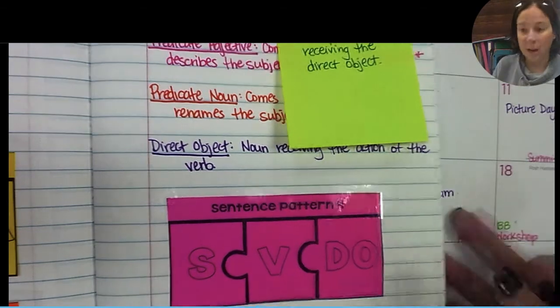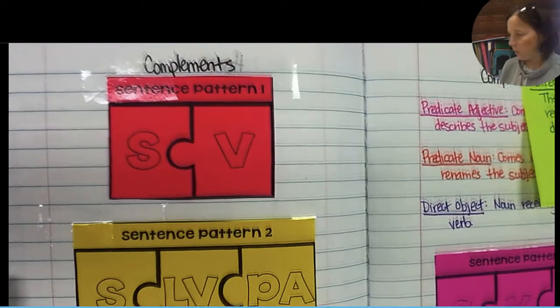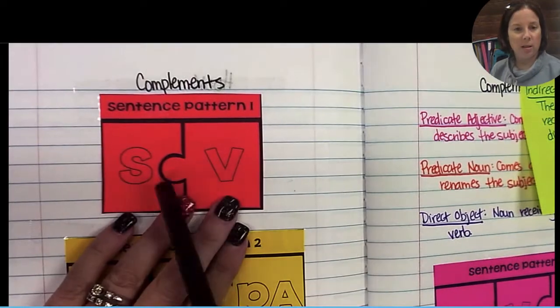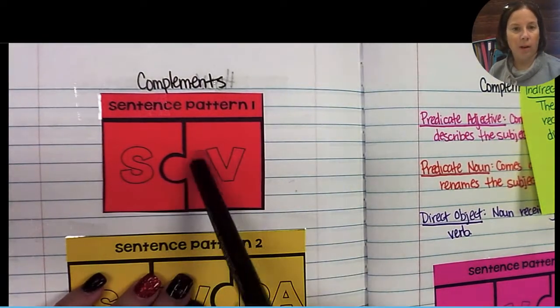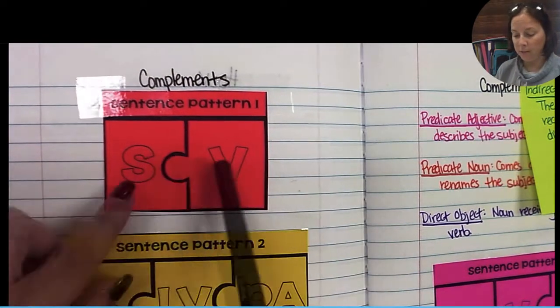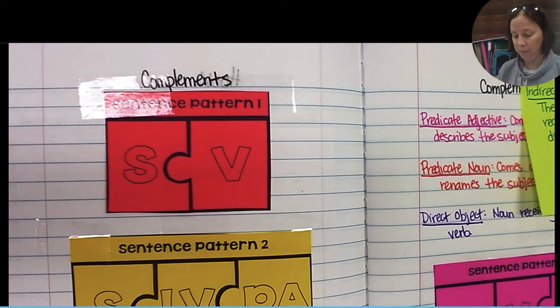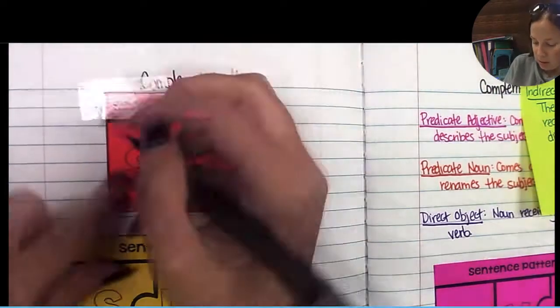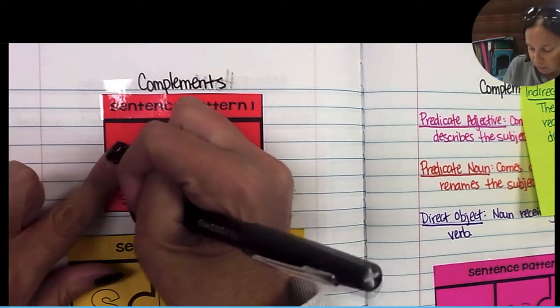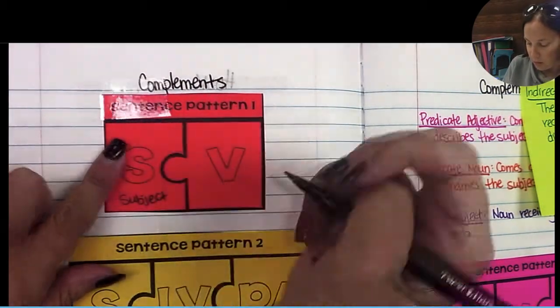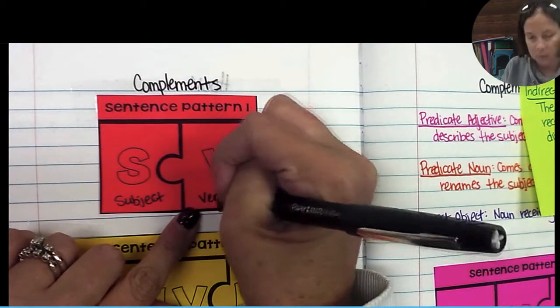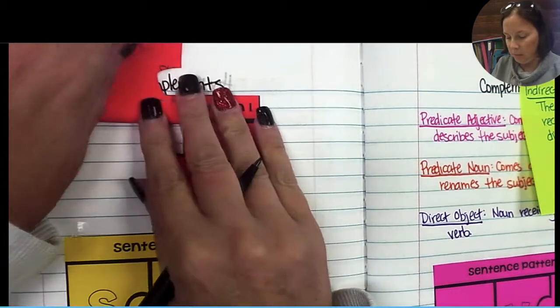Okay, so now let's work with these. We are going to look at sentence patterns. So right here, our first sentence pattern is a simple sentence. It's got a subject and a verb. Okay, so this is my subject. This is my verb.